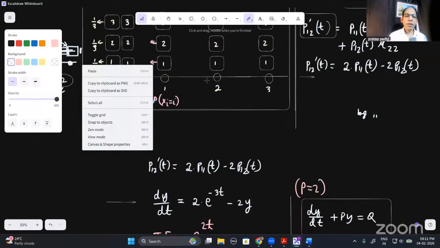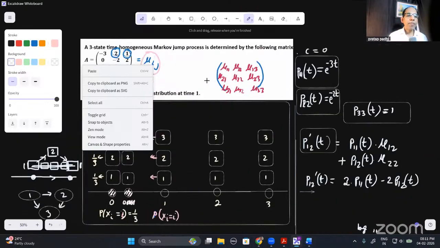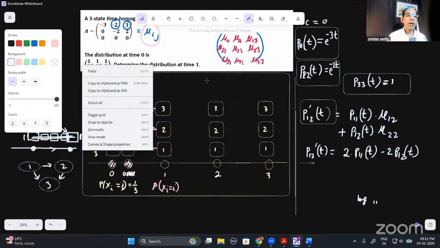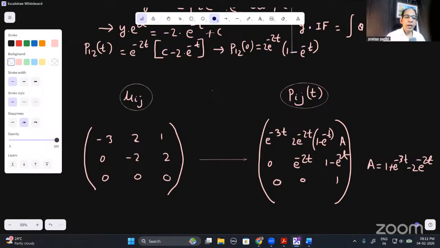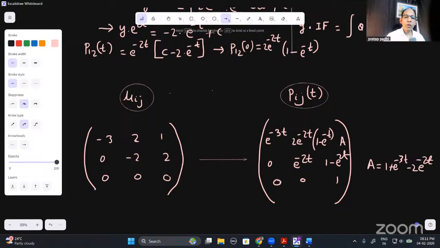Let me write this: minus 3, 2, 1; then 0, minus 2, 2; then 0, 0, 0. 0 means these are the rates of change, so 0 means nothing, the change is 0, right? Anyway, I'm not going to repeat the same thing time and again. From this we got these values.